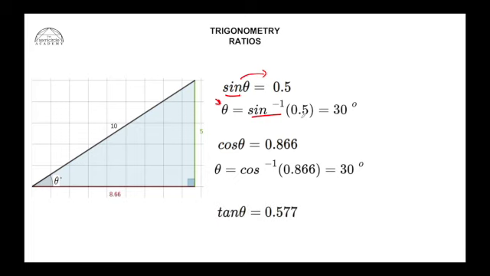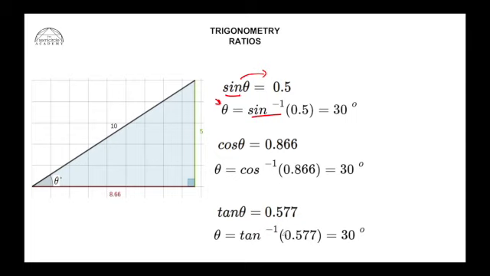Ariel, try the tan and tell me what you get. Of course, you know you're supposed to get 30. There's the tan inverse. So second function, tan inverse of 0.577. Ariel, you get almost 30? Yeah, 29.9. Yes, all right, good.